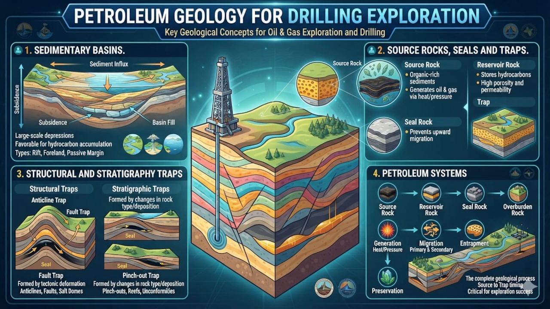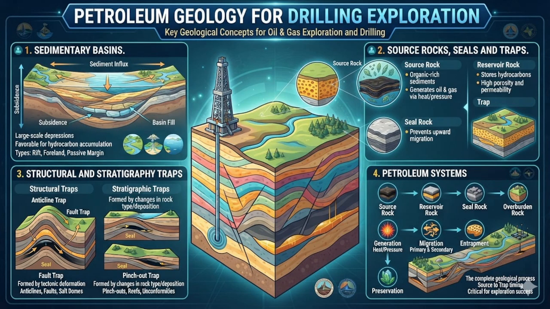As we've said through module topics 1, 2, and 3, a source rock is a sedimentary rock rich in organic matter that generates hydrocarbons when subjected to sufficient heat and pressure over geological time. Examples, we have the shale, we have the organic rich mudstone. And then the function is to produce oil and gas.